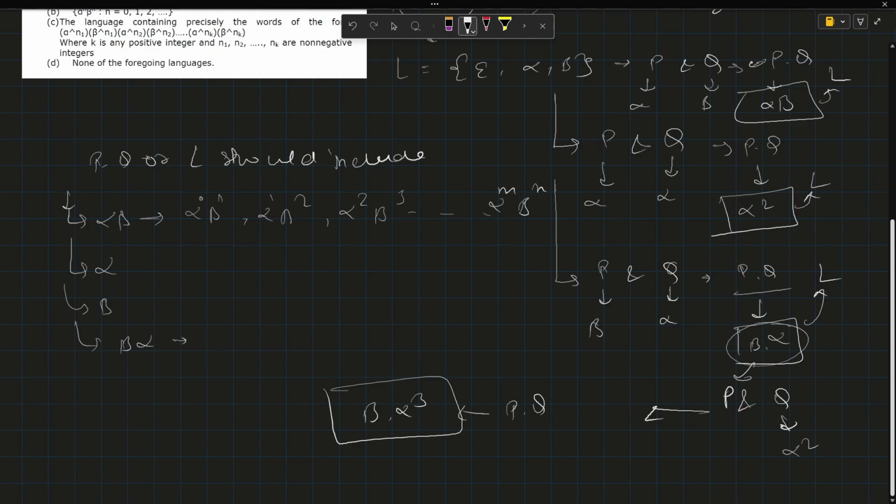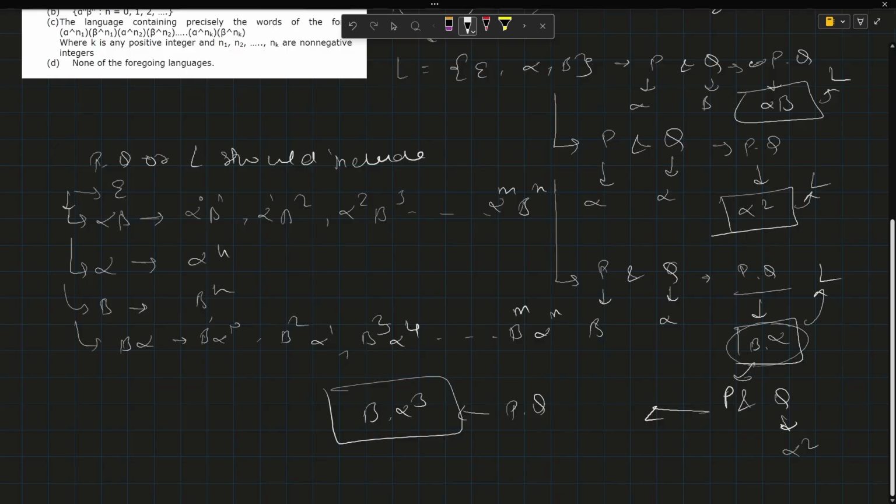And for the other case, where beta is in the first place and alpha is in the last place, it should also include every iteration or combination of all these possible outcomes, like beta alpha, beta squared alpha, beta cubed alpha, and so on. So it's going to look like beta^n alpha^n, as usual, and the empty word.